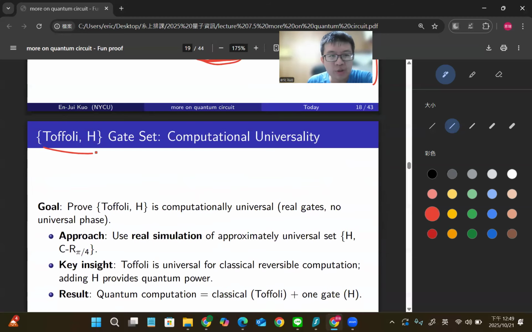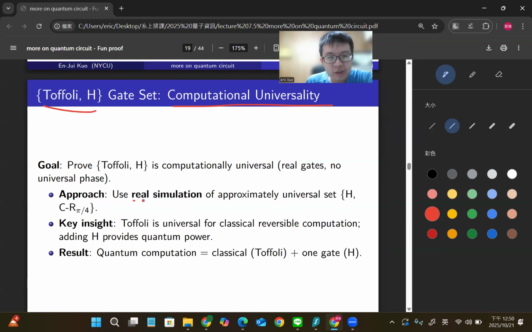So finally I just state the results. After this lecture we hope to give a rigorous proof that Toffoli gate and Hadamard gates are computationally universal for quantum computing. So the idea is that we use real simulation on the control phase gate.